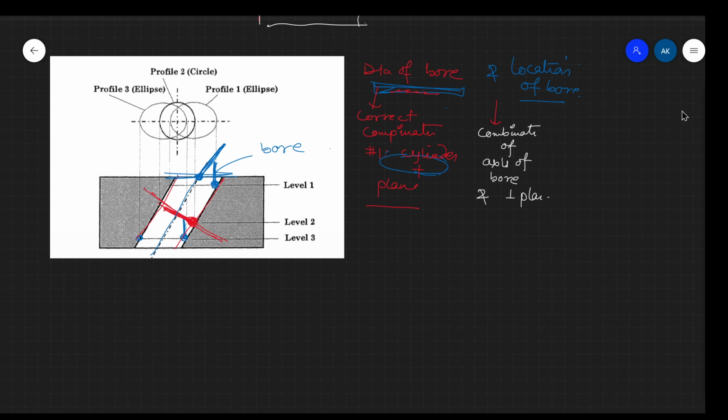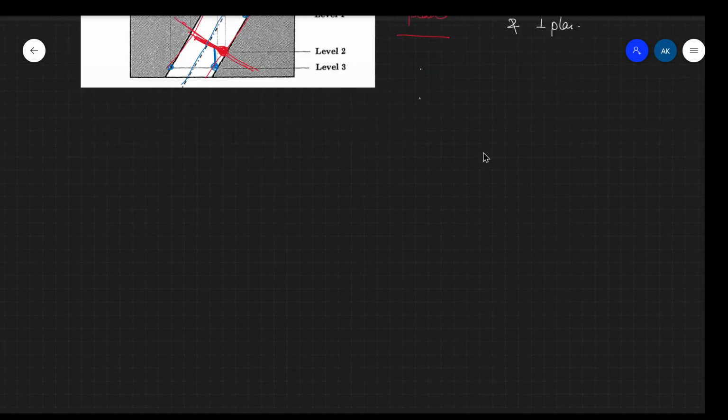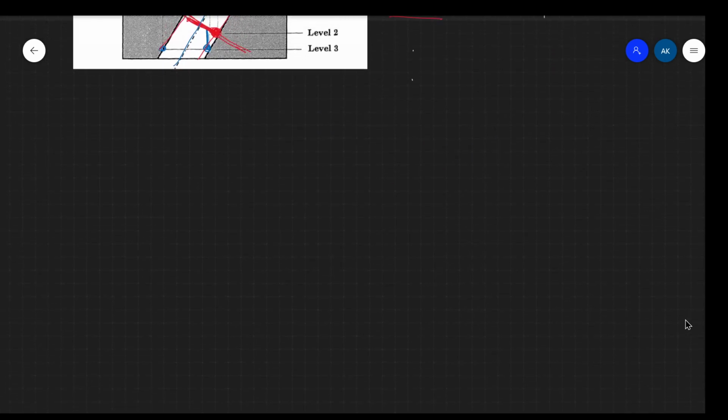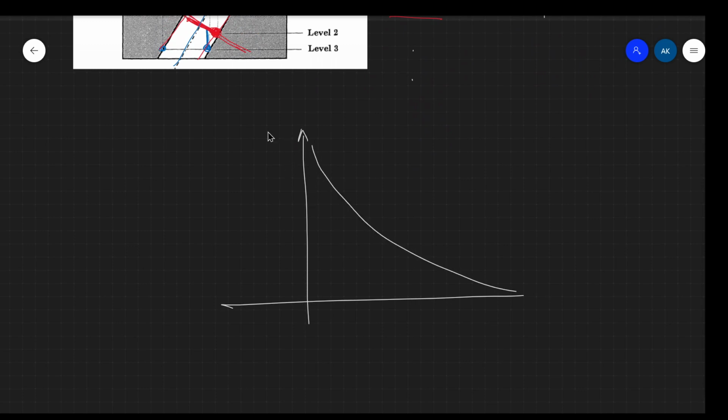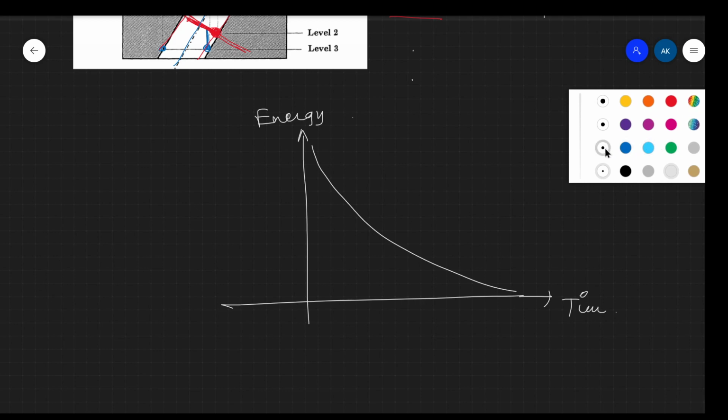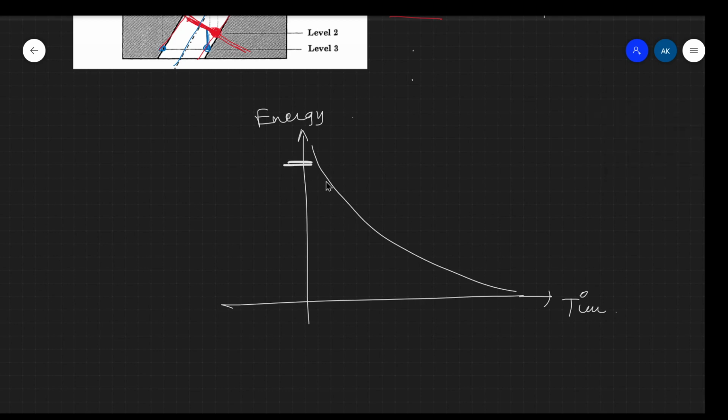Yes, I would like to mention one more thing what I have observed that, this is a little bit out of topic, but still. See, I have observed this thing. This is the energy curve and this is the time curve. When someone is starting something, then his energy is at peak. And as the time passes, it dips down.